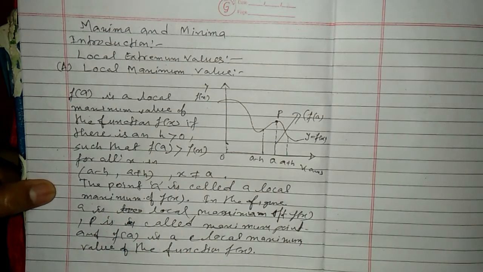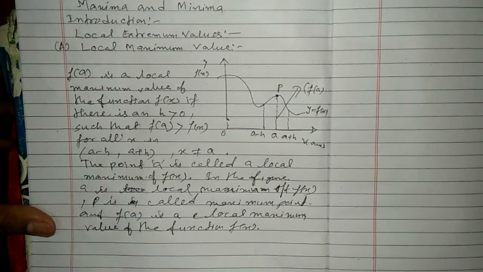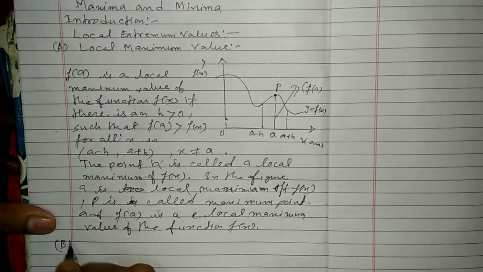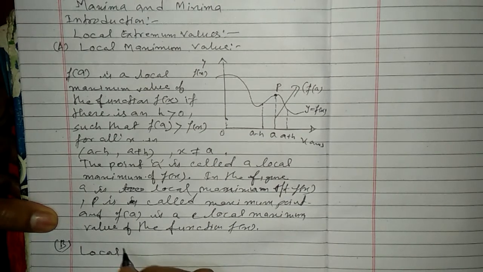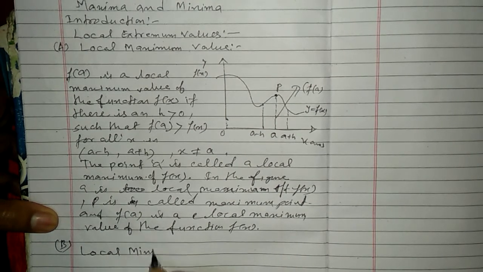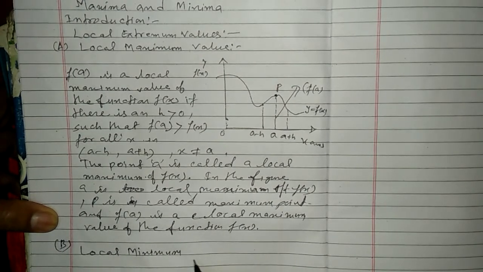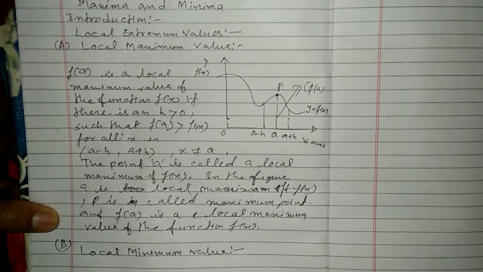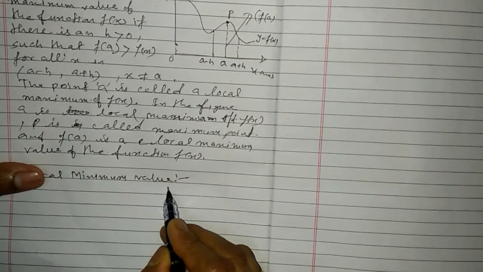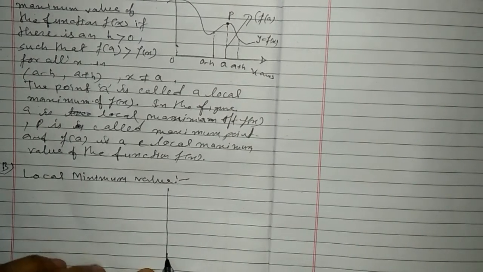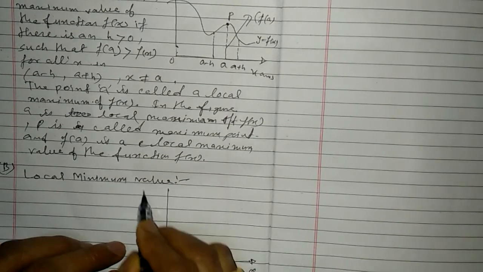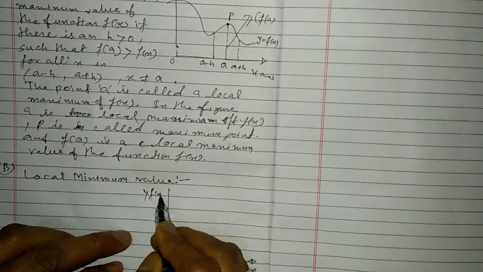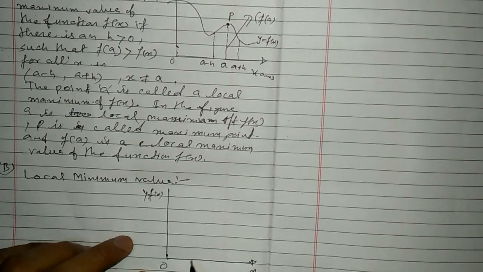Next we discuss point number B, local minimum value. Okay, first of all, for this we draw another graph in this way. The x-axis, y-axis, that means f of x, and origin.